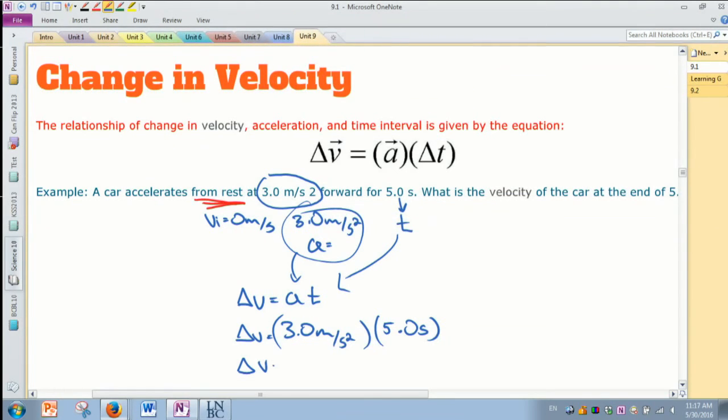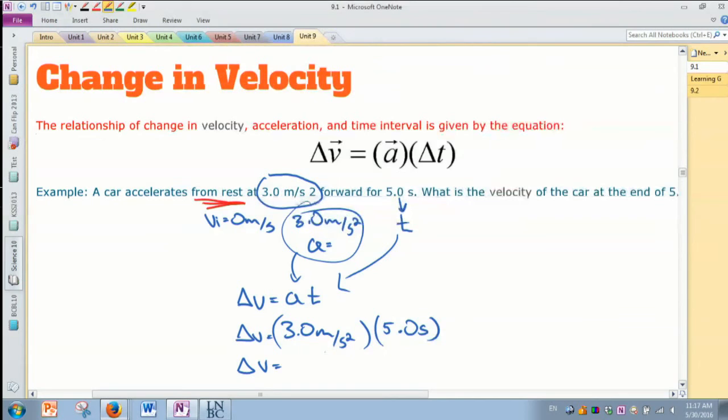So every second, I'm changing my velocity by 3, and I'm doing that for 5 seconds. So the first second, I've changed it by 3. The second second, I'm up to 6. The third second, I'm up to 9.